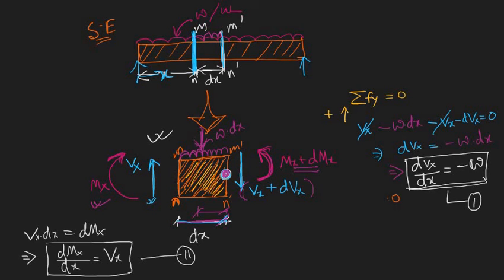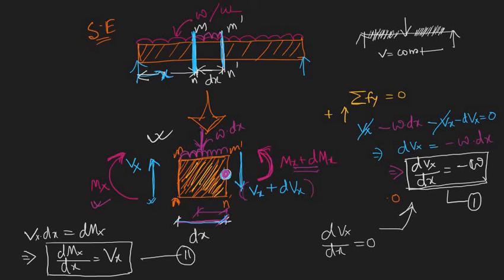Now let's say we don't have any UDL. So in that case, let's say this is the beam and we have only a point load. So here dVx by dx will be simply 0 for all this portion, because there are no such forces. That means in this location the shear force is constant.